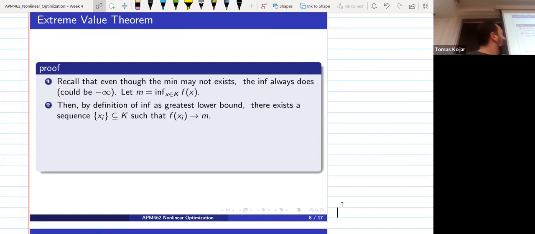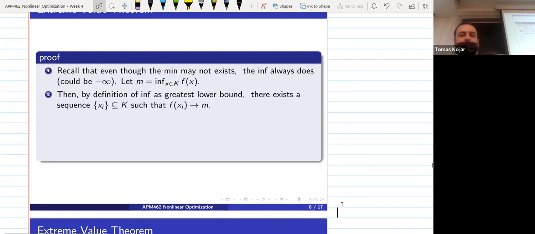I don't know where, but you've never seen this stuff. So let me give you another definition for infimum. This might be the first and last time you see it, I don't know. But here's the definition.